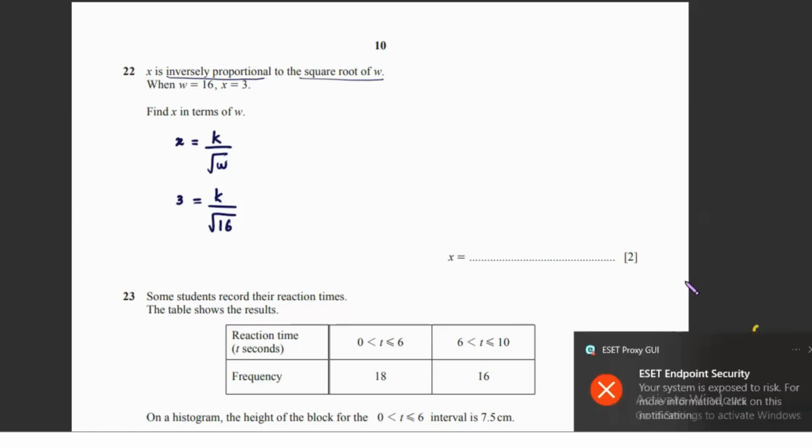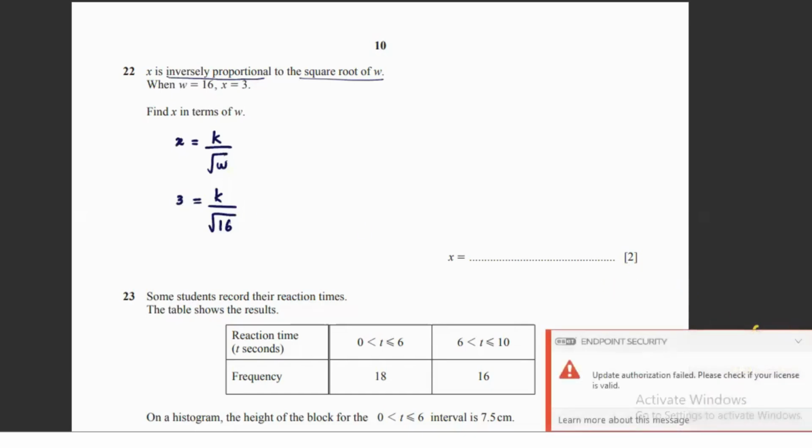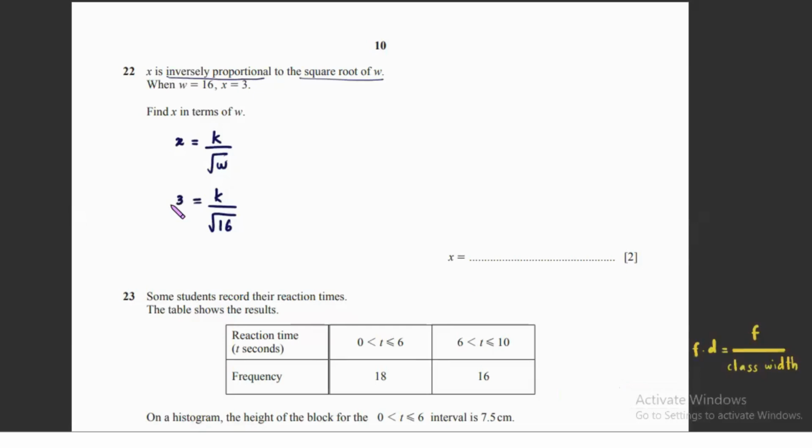And I'm going to take the 4 to the other side of the equation, which gets multiplied with this 3. So I can write it as 3 is equal to k over 4. To isolate k, I'm going to take the 4 to the other side. The 4 gets divided, so when it goes to the other side, it gets multiplied. This gives us the value of k as 3 times 4, which is 12.